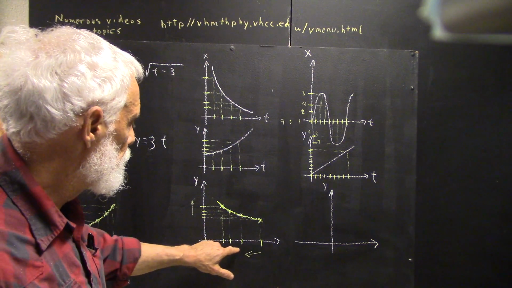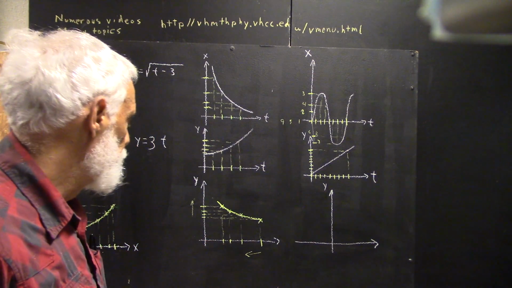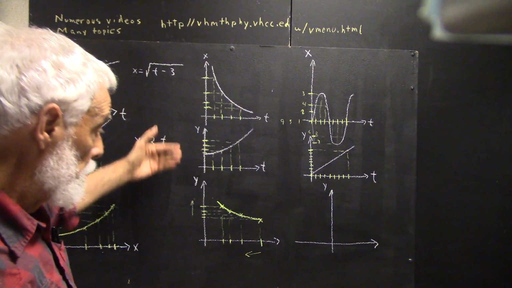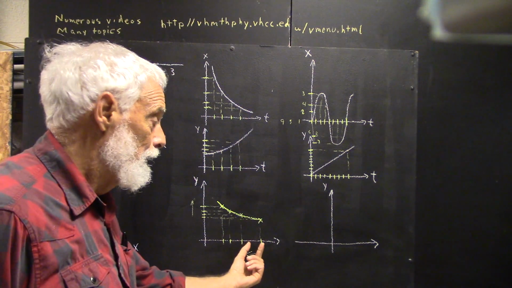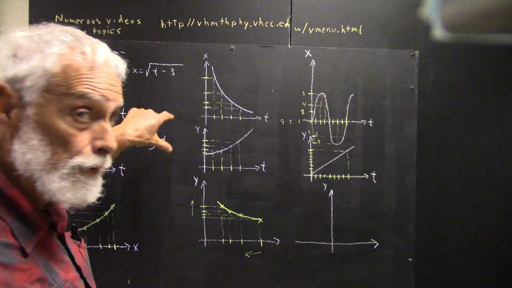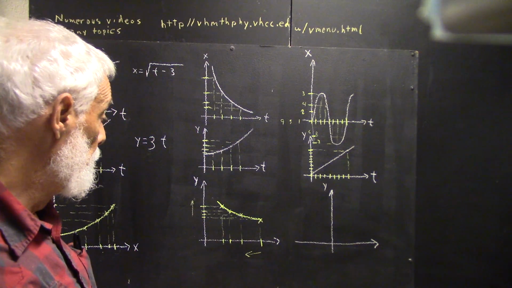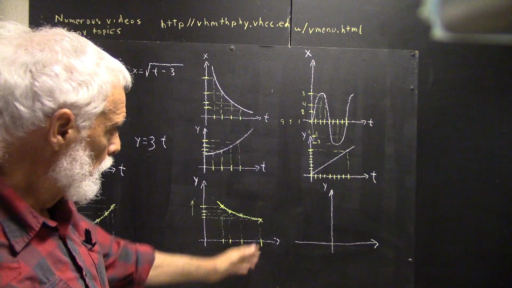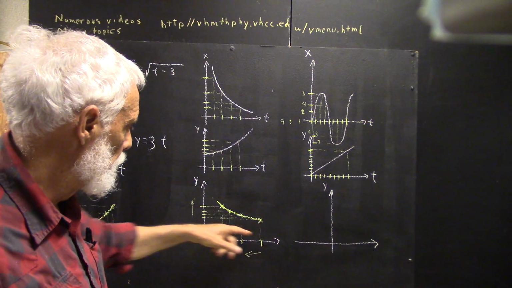These x distances are decreasing, okay? The y distances are increasing. So the run is progressively decreasing in magnitude, the rise is progressively increasing in magnitude, so the slopes are going to get bigger and bigger. The magnitude of the slope is going to get bigger and bigger as we move from here to here.